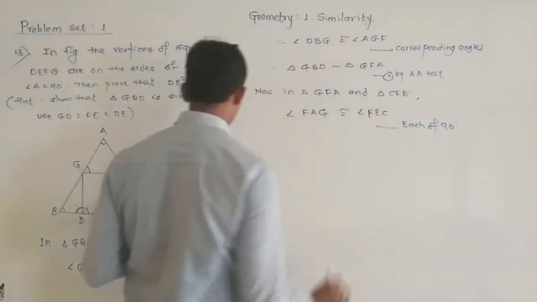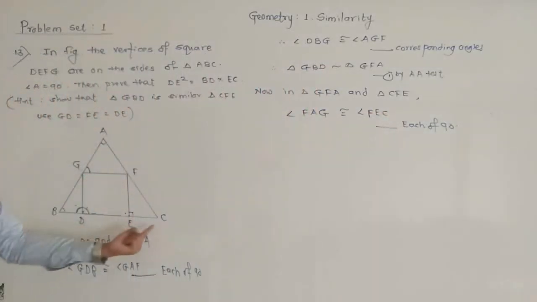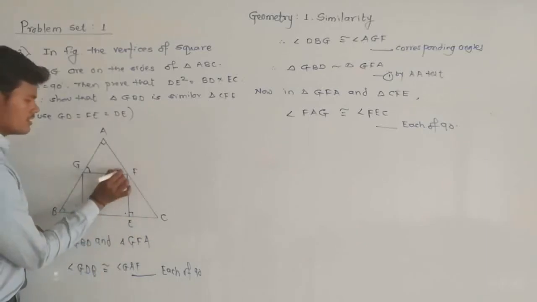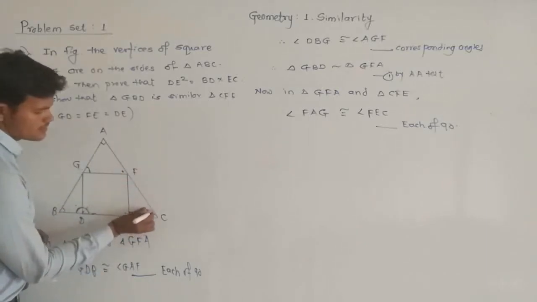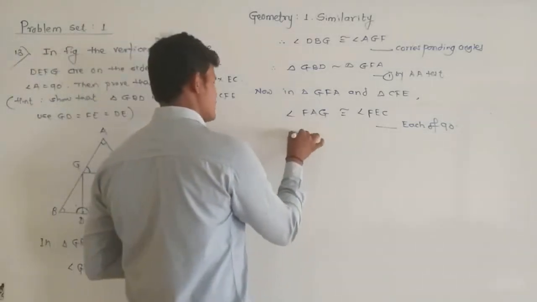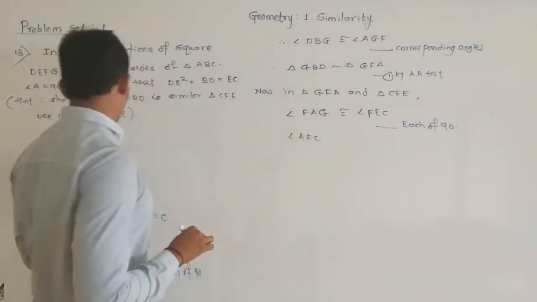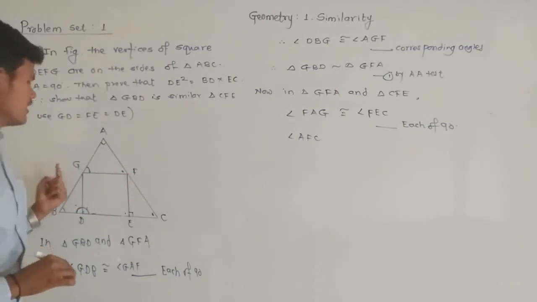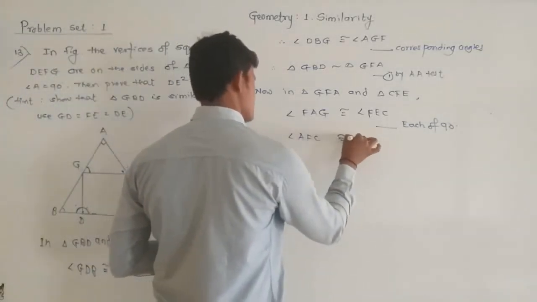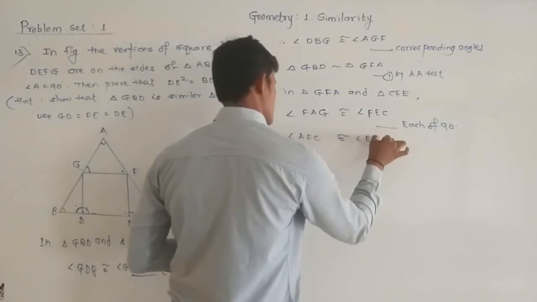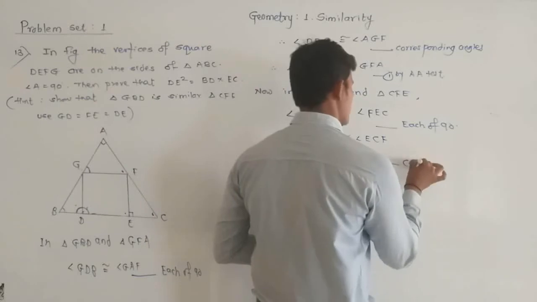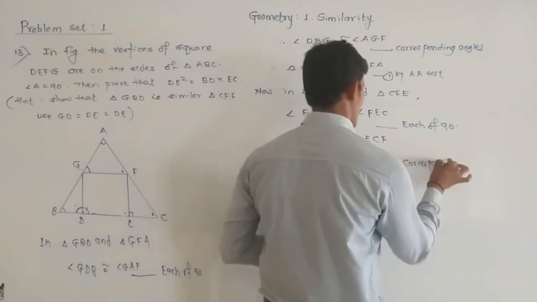Here also GF is parallel to BC, so for both the lines AC is the transversal. So here angle F and angle C both are corresponding angles. So angle AFC is congruent to angle ECF because they are corresponding angles.